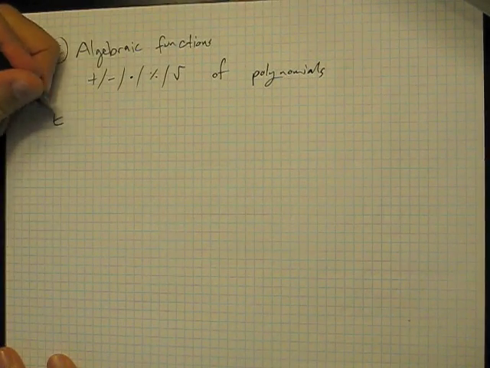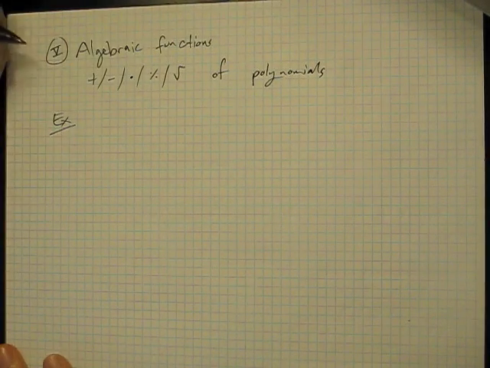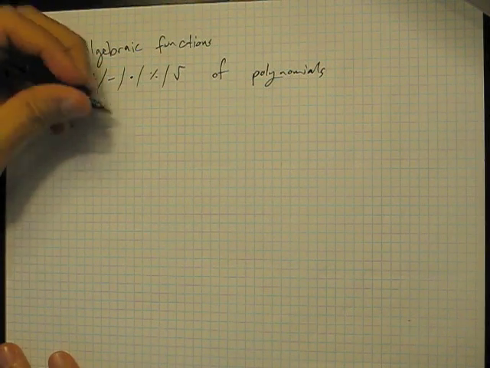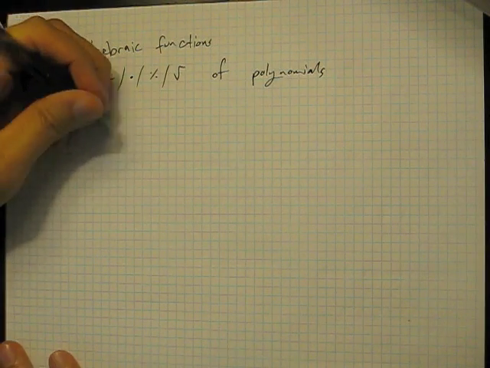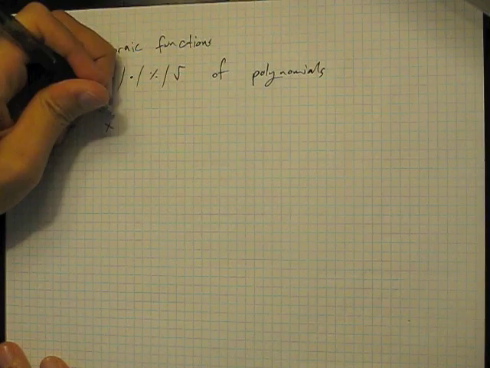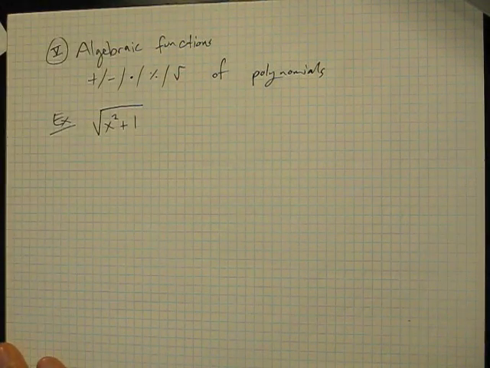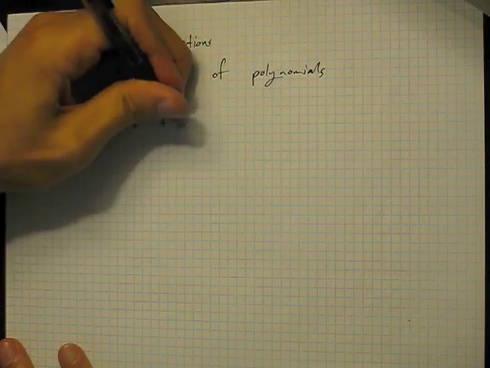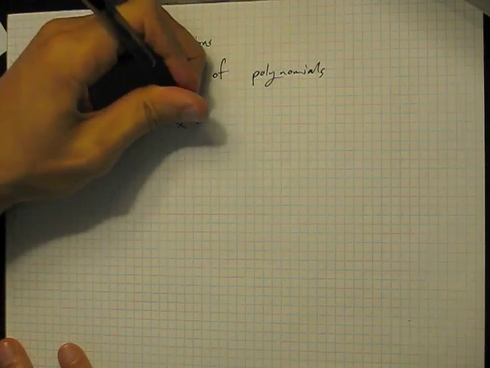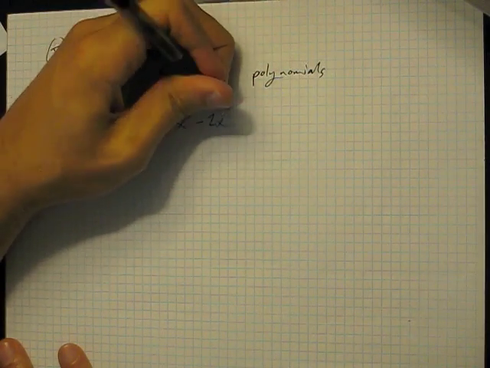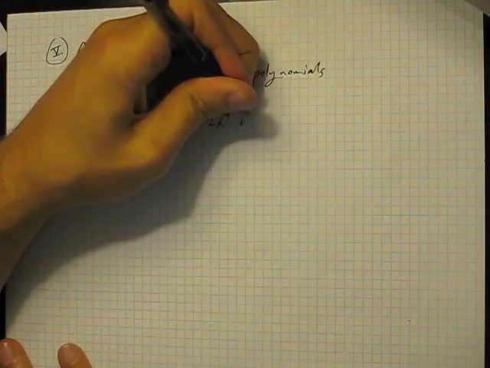So examples. I'm just going to write down a ton of examples. Here's a combination: we took x squared plus 1, and then we took the square root of that whole entire quantity, and then we add another polynomial, how about x cubed minus 2x to the fourth plus 7?